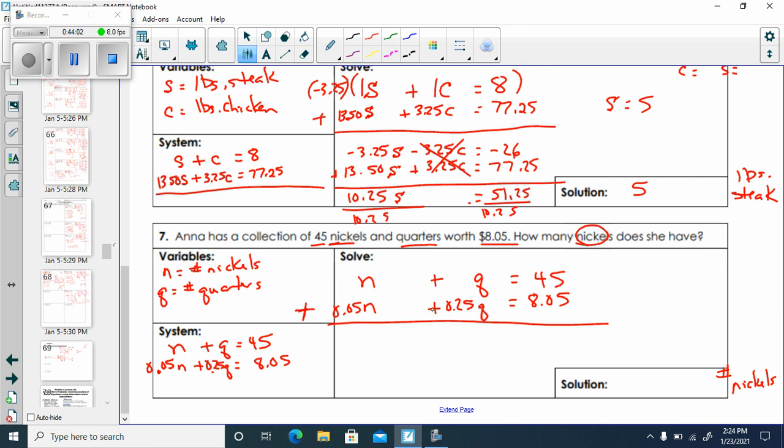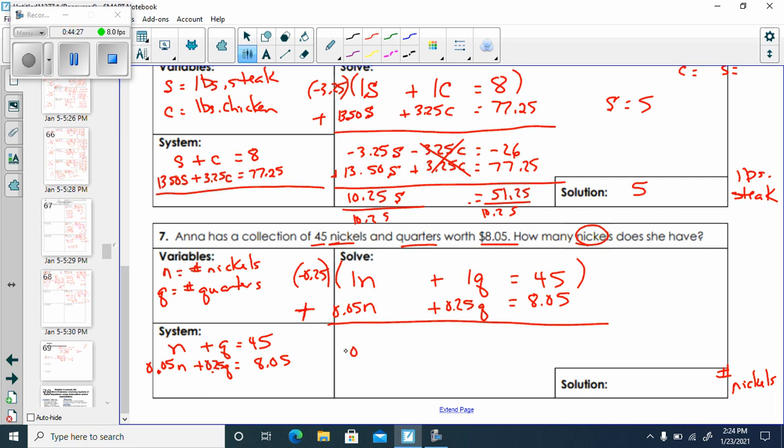Okay, now I'm looking for number of nickels. So let's eliminate the quarters. If this is positive 1Q and this is positive 0.25Q, I need this to be negative 0.25. So multiply everything here by negative 0.25, okay?